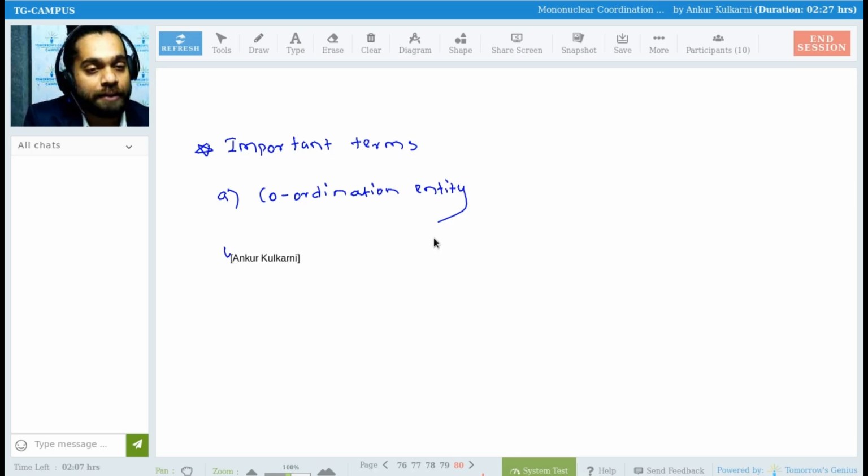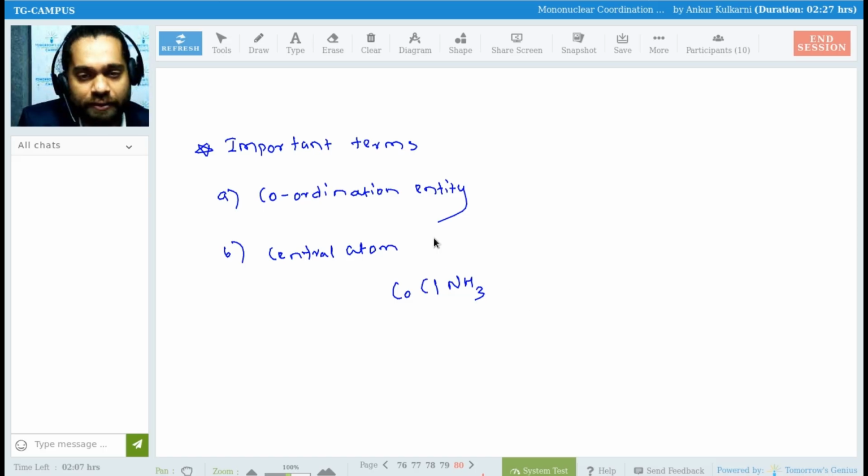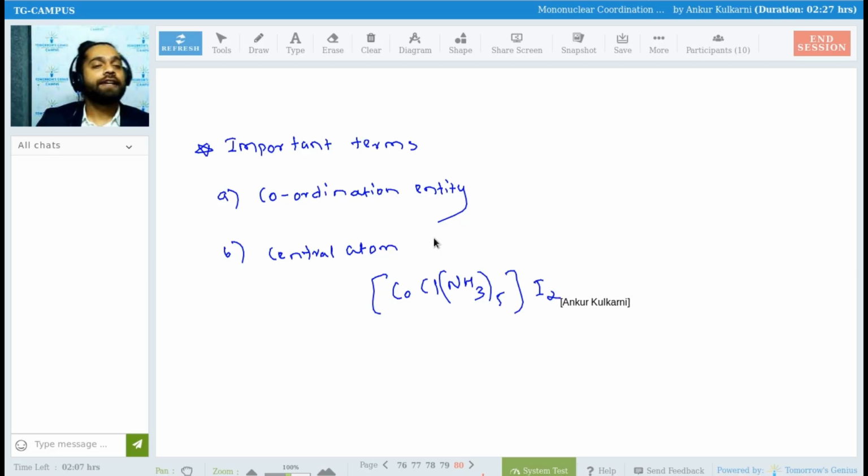Then we have something called the central atom. For example, suppose I have [Co(NH3)4I2], okay, NH3 I2.